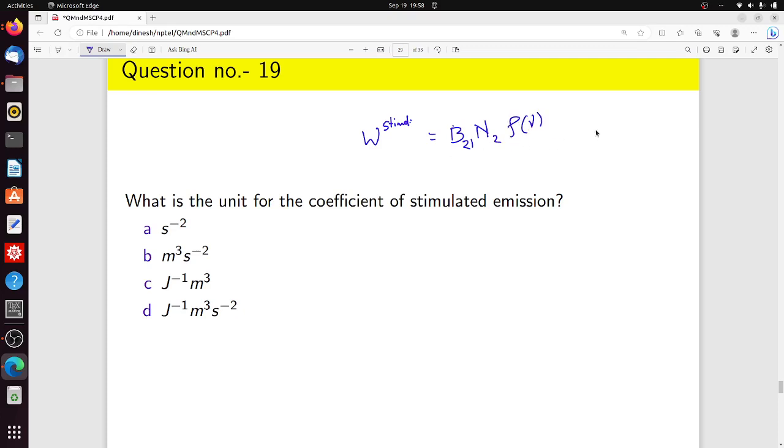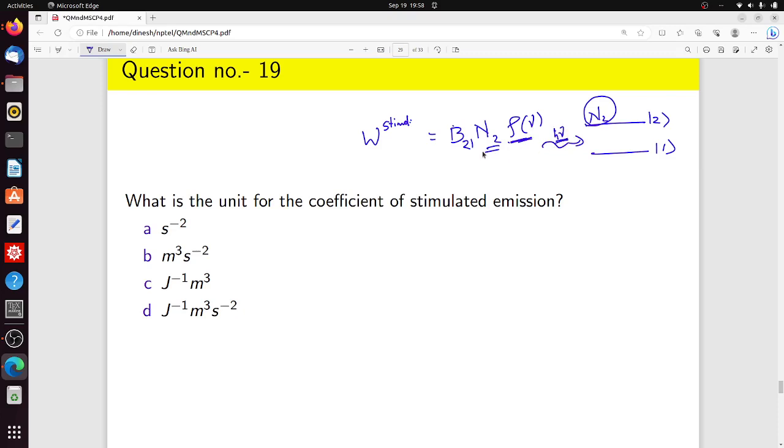This is emission, so it should be directly proportional to the number of particles in state 2 and the density of radiation in the surrounding.